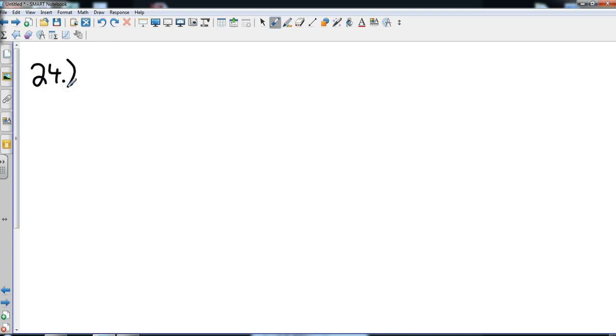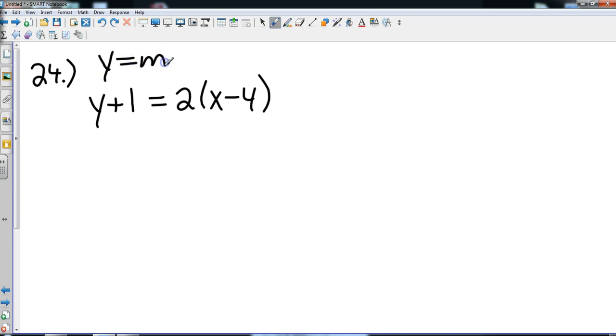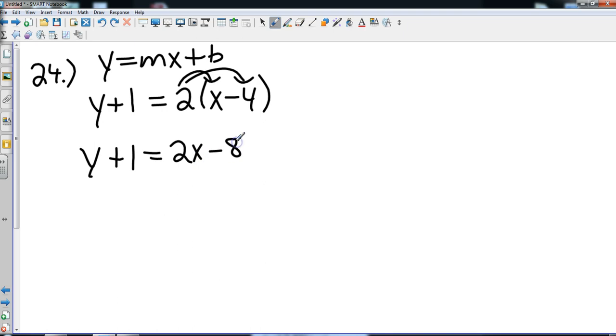Okay, almost there, guys. Number 24. What form do they want it in? Slope-intercept form. What does that look like? y equals mx plus b. Draw the arrows. So I get y plus 1 equals 2x minus 8.